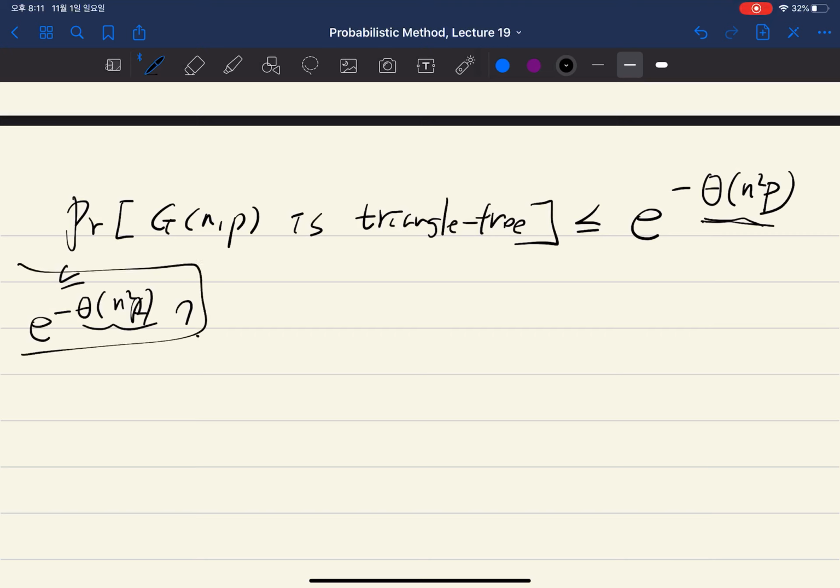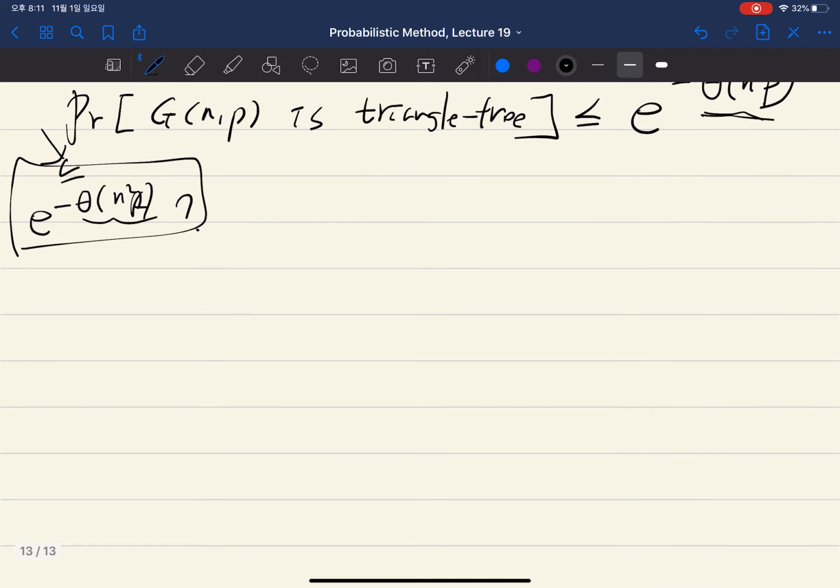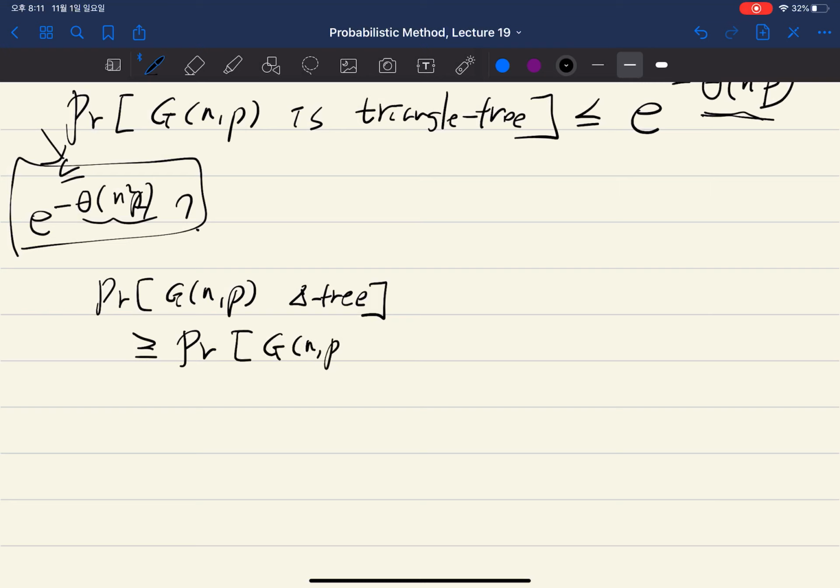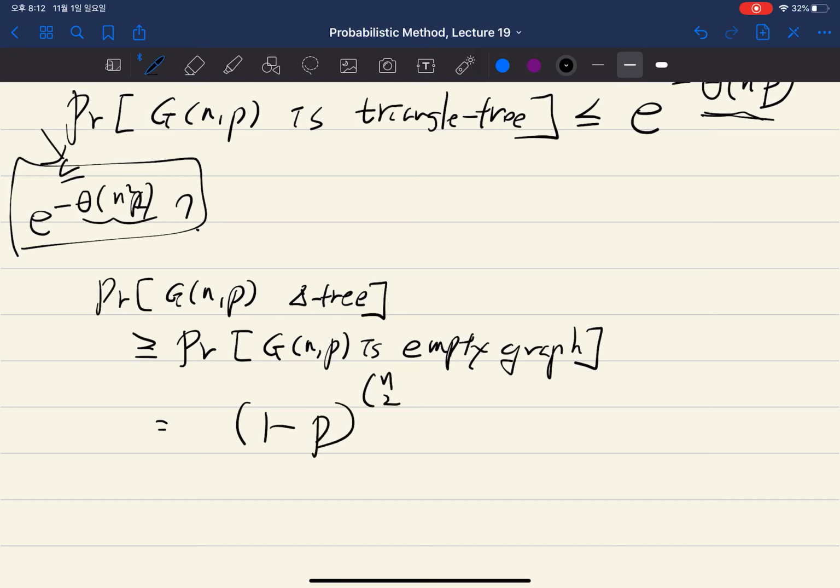This is indeed true, because the probability that G(n,p) is triangle free is at least the probability that G(n,p) is the empty graph, having no edges. That's a trivial lower bound. What's the probability that there are no edges? There are n choose 2 pairs, and all of them are not chosen as an edge, which is 1 minus p.